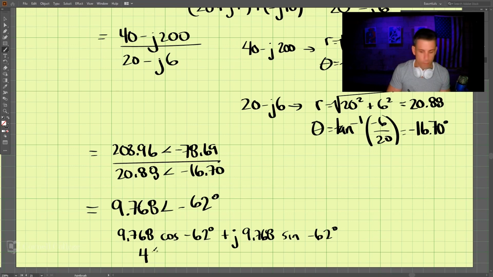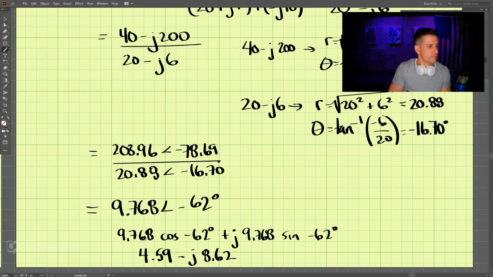That is 4.58 or 4.59 plus 9.768 sine negative 62. That comes out to be a negative number, so let's put a negative. Negative J 8.62.